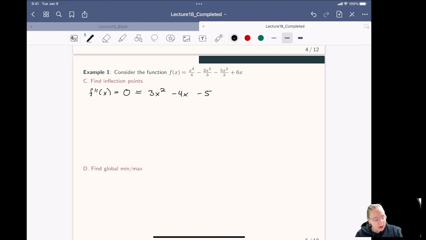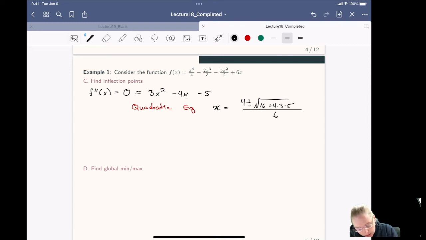I'll let you use the quadratic equation on your own, but this comes out to being x equals 4 plus or minus the square root of 16 plus 4 times 3 times 5 all over 6, which is equal to x equals either minus 0.786 or x equals positive 2.12.